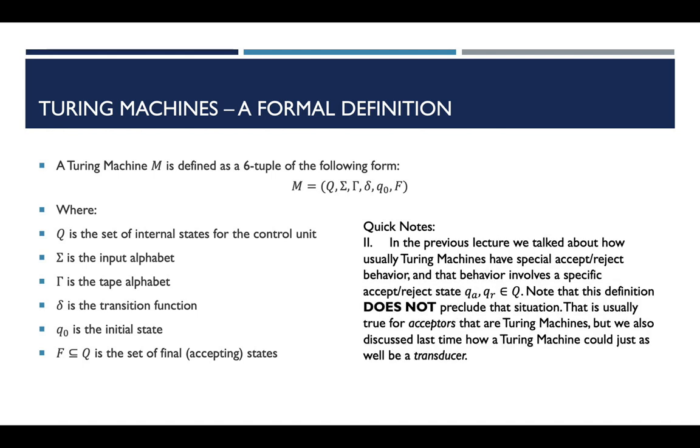The second note is that in the previous lecture, we had an entire slide dedicated to the idea that specific behavior exists for Turing machines to determine when a computation has been accepted or rejected.